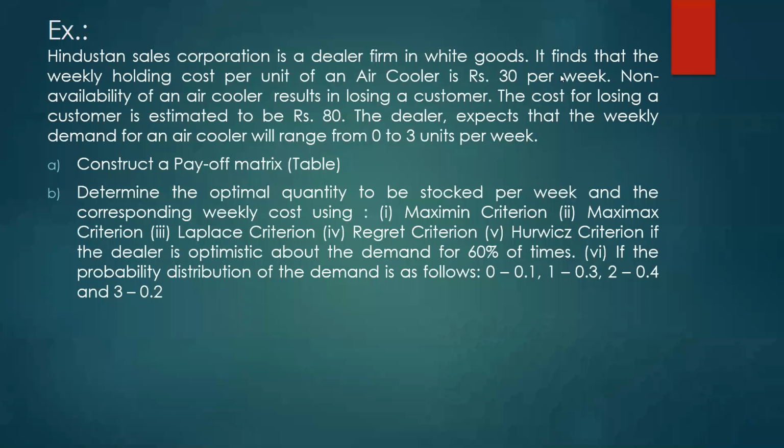This is my per week cost of holding that particular unit, one air cooler. So the number of units unsold at the end of the week is multiplied by the weekly per unit holding cost, that is 30. That will be my formula to calculate my cost.